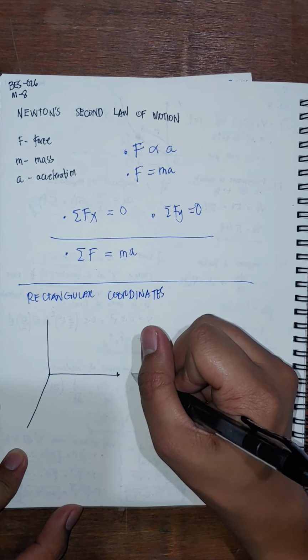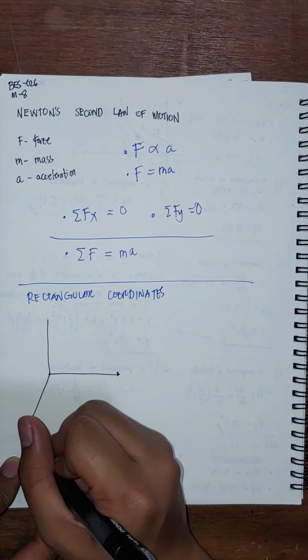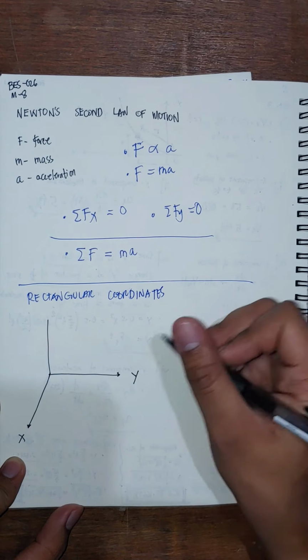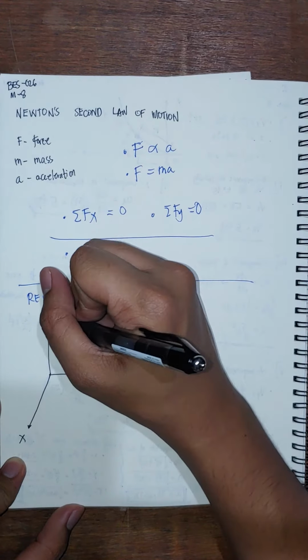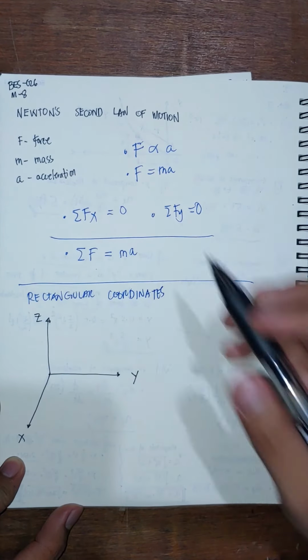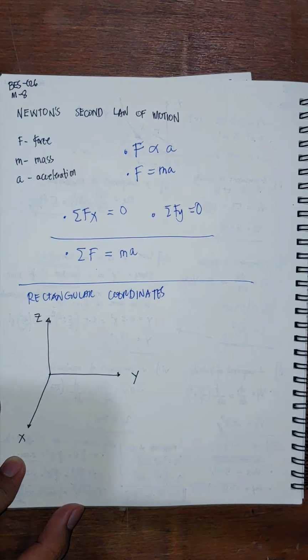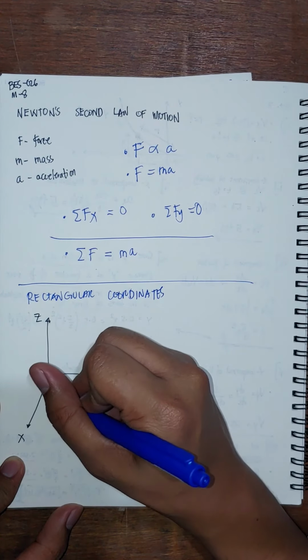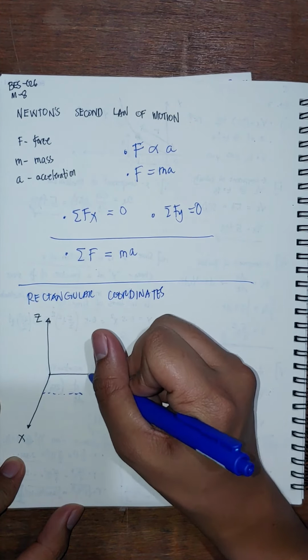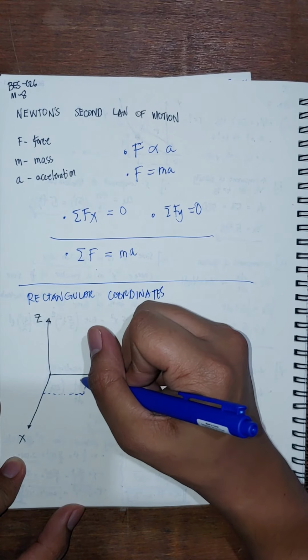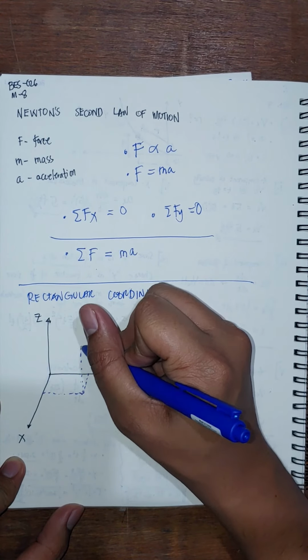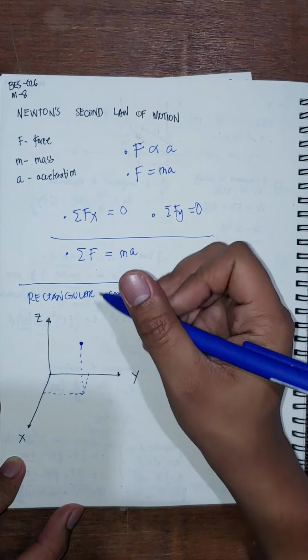Let's say this is the x-axis, this is the y-axis, and this is the z-axis. Now, let's say that a specific particle is somewhere here.